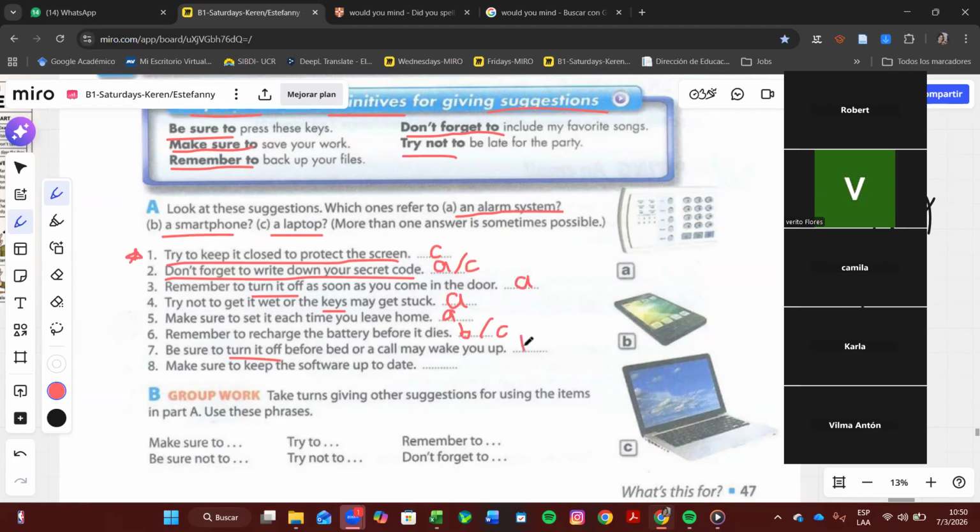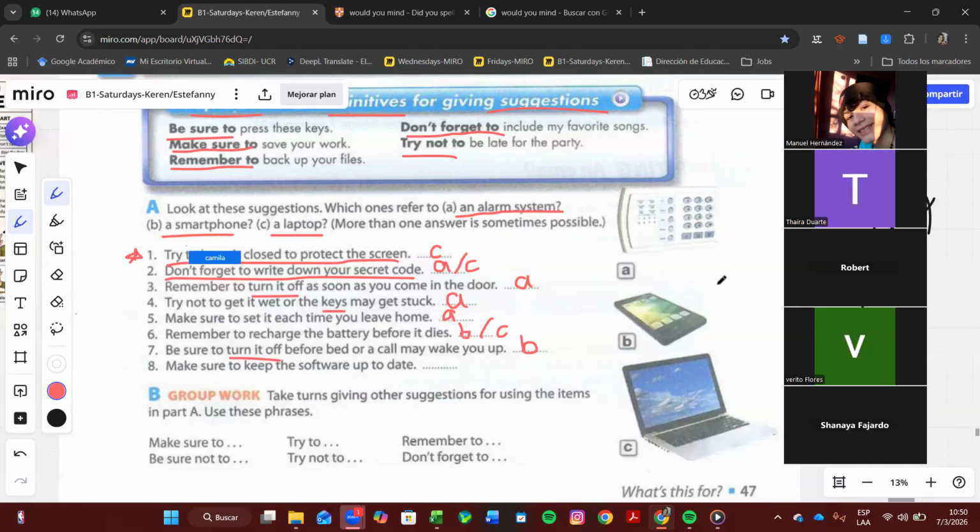A cell phone. Recuerda apagarlo porque una llamada te podría despertar. And make sure to keep the software up to date. Maybe Robert, what do you think about the last one? Maybe laptop. Laptop, right? Excellent.